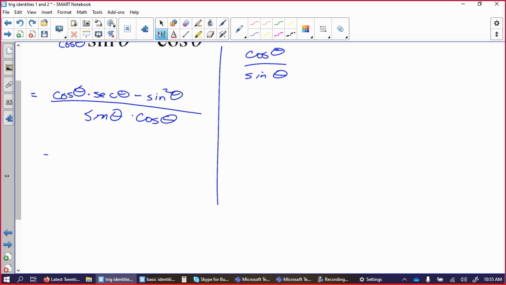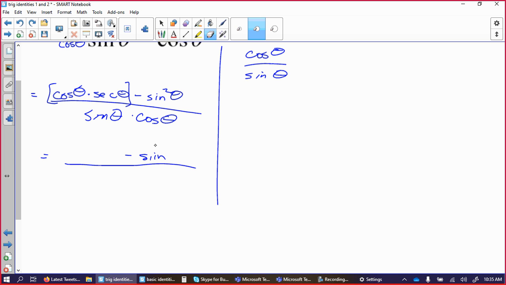So I'm going to look at this piece here because I don't really like that secant in there. I think I see where we're going. Cos of theta is cos of theta.